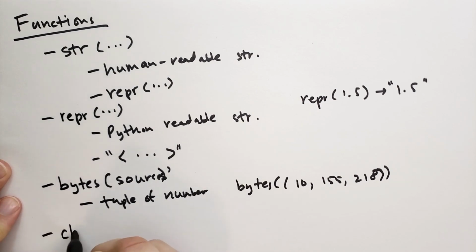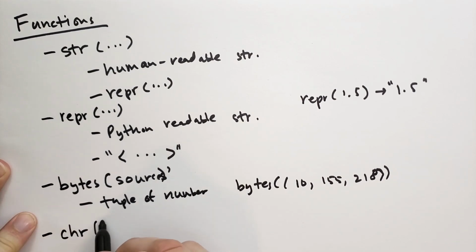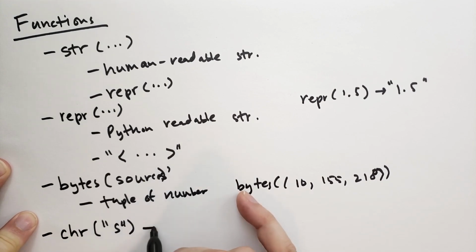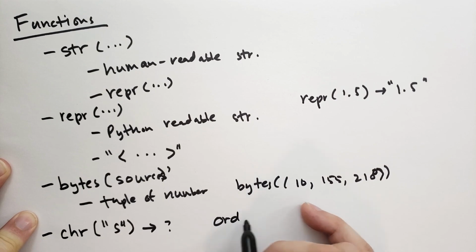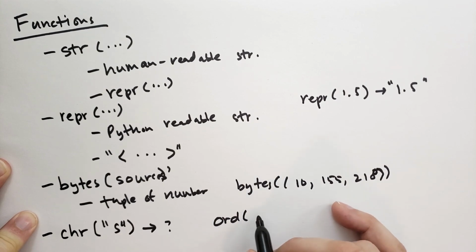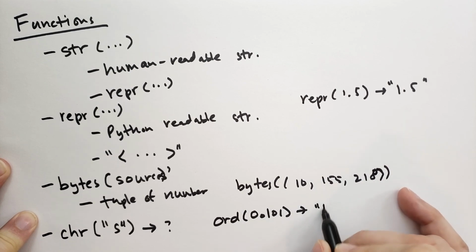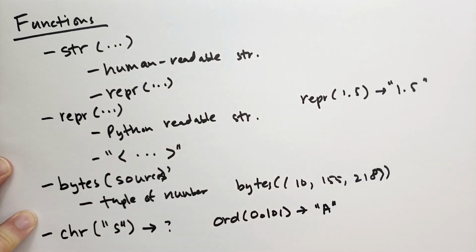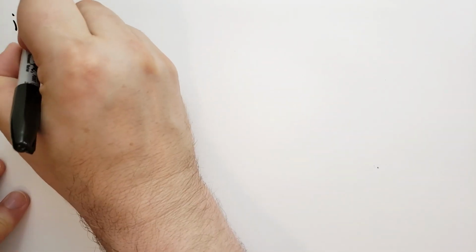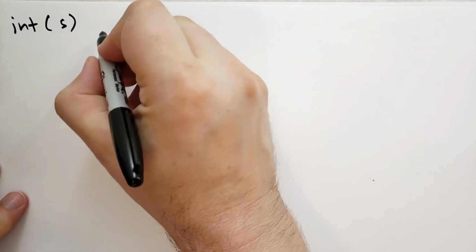So it'll take a list of integers, or an iterable of integers. We have ord, which takes a single element, a character, and will return a number. And then if you do chr and you take some number, I know that octal 101, for instance, will give you the capital A. Okay. Note that int will actually take a string. So you can pass in a string to int, and it'll interpret this as decimal.